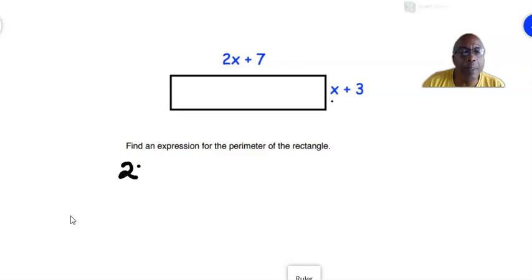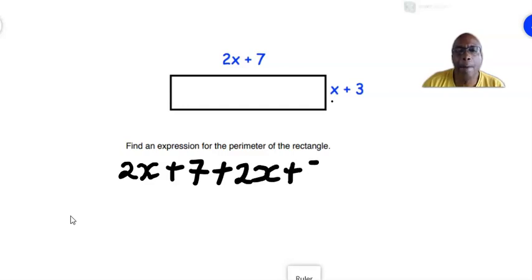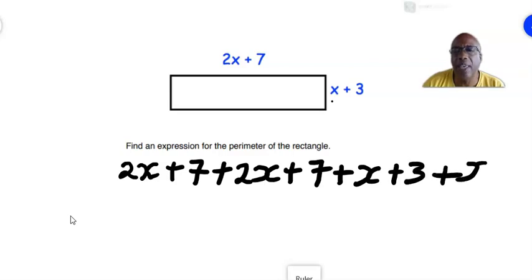Let's start with 2x plus 7. You add another 2x plus 7, that's the opposite side. Then you add x plus 3. And you add the opposite side to that, which is the same length, x plus 3.